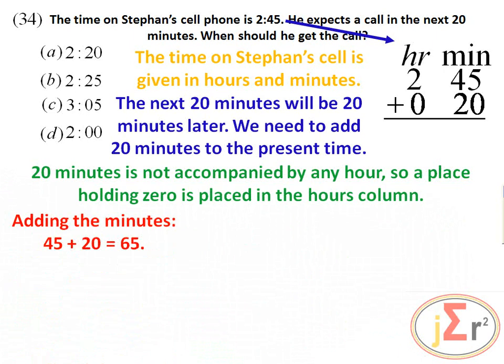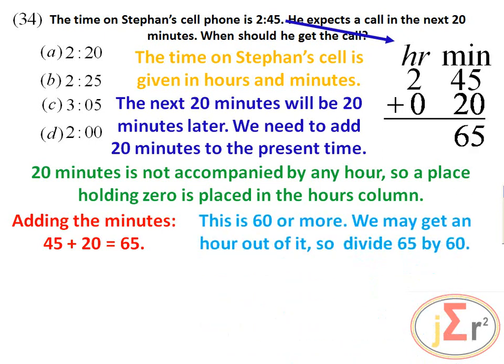So adding the minutes, what will we get? 65. Jerry said 65. He's usually very quick with adding. So 45 plus 20 is 65. It goes right there. This is 60 or more. We may get an hour out of it.